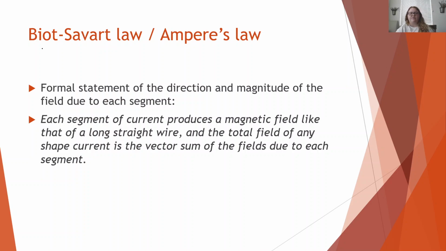This is called the Biot-Savart Law or Ampere's law. Okay, so this is just kind of like a hey, know this, but I'm not too worried about it. It is more just to get you guys into the idea that these are laws and I'm not just making these things up as I go along.